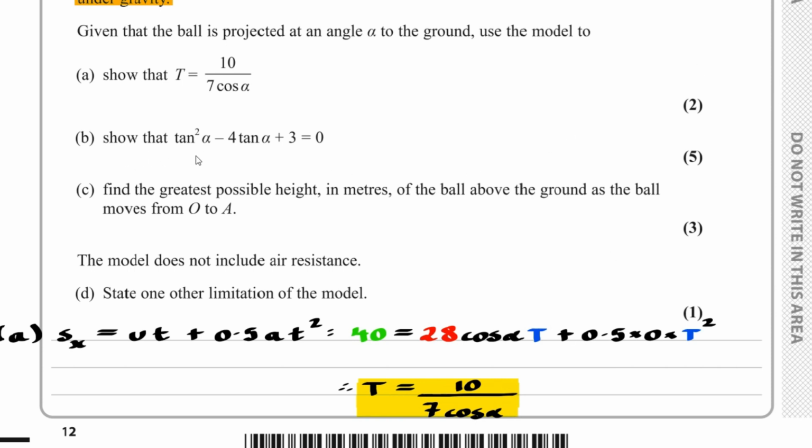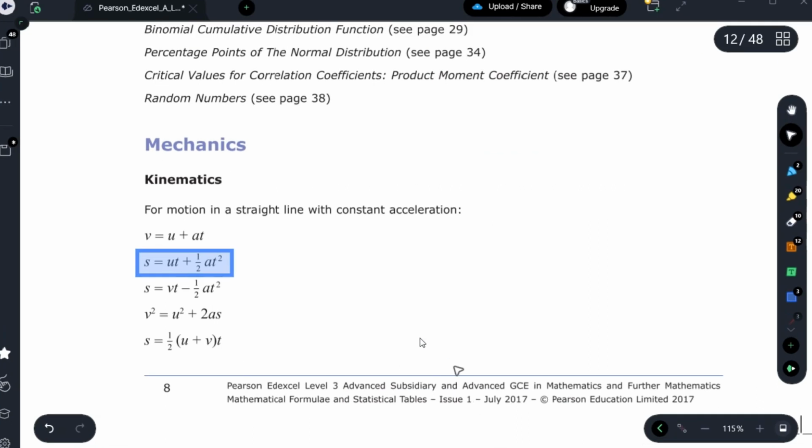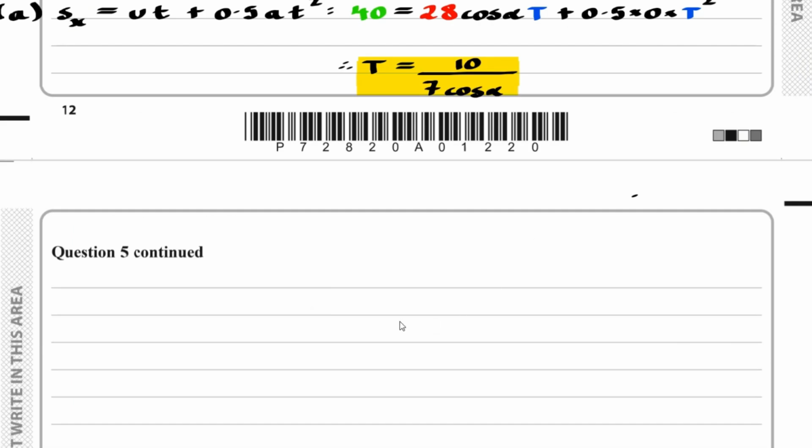Part B, show that tan squared alpha subtract 4 tan alpha plus 3 equals 0. This time we will consider the vertical motion. Using s equals ut plus a half at squared vertically, we have sy equals ut plus a half at squared. So sy is 20.